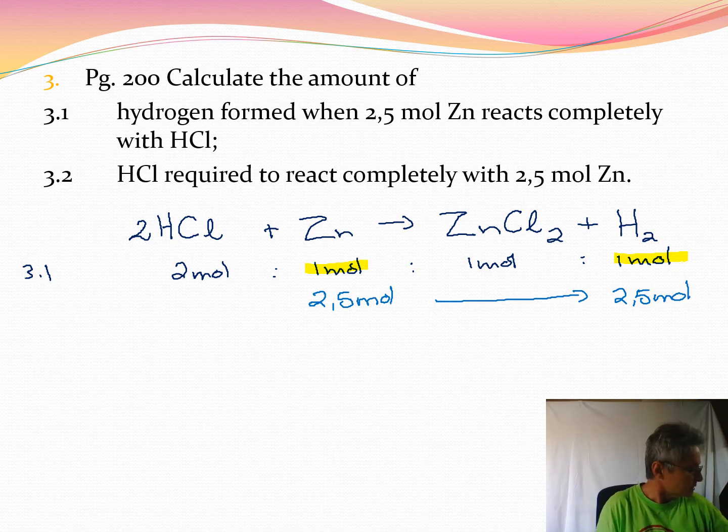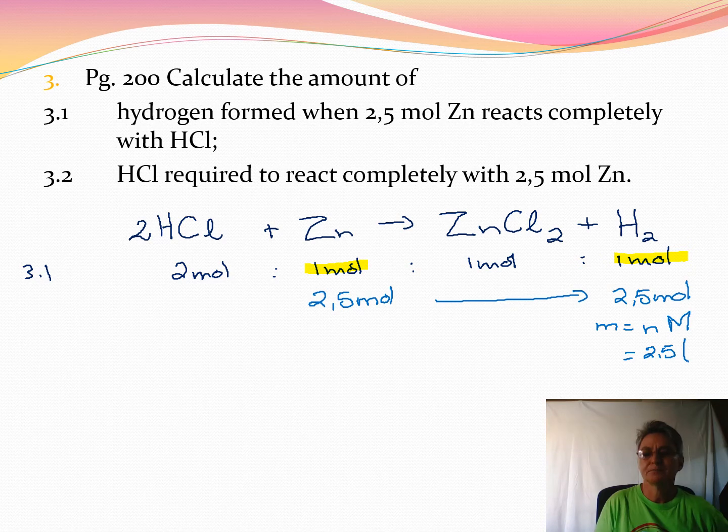They wanted the amount, so they could have asked for the moles, but if they ask for the amount, then they want us to calculate mass. Mass is moles times molar mass. The moles is 2.5, the molar mass is 2.